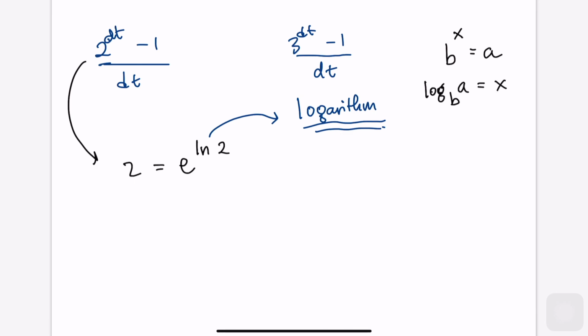When b is e, we can write ln. So log base e is ln, right?